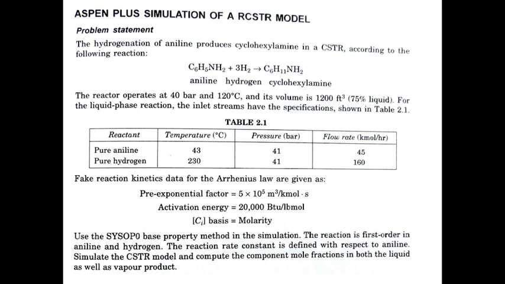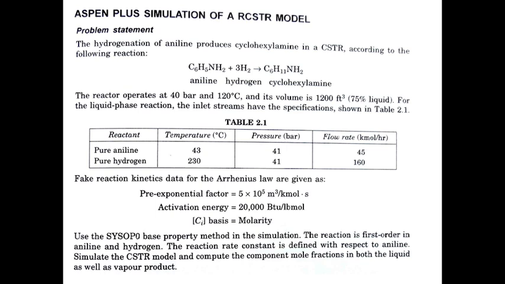The specifications of the reactor are that it operates at 40 bar and 120 degrees Celsius and its volume is 1200 cubic feet, out of which 75% is liquid. Since 75% is liquid, the remaining is vapor. For the liquid phase reaction, the inlet streams have the specifications shown in table 2.1.